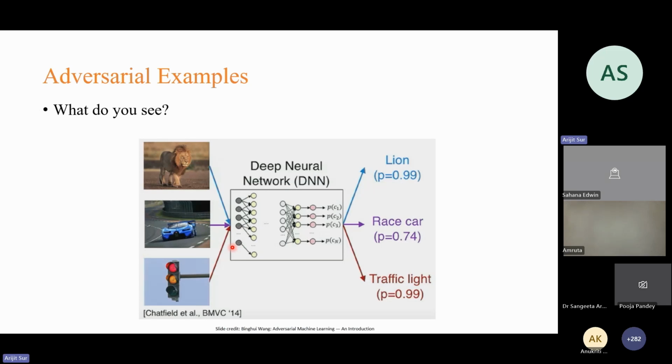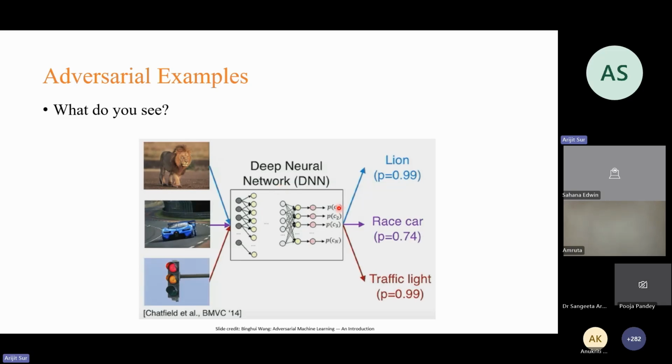So we can summarize here. You can see the actual images and your normal network, which has not been attacked.